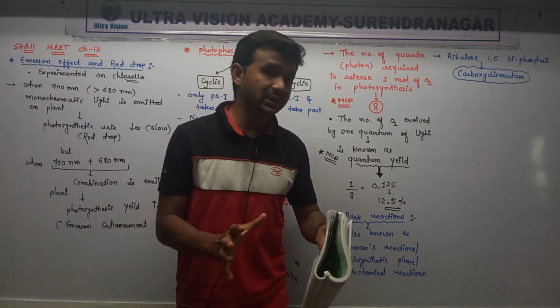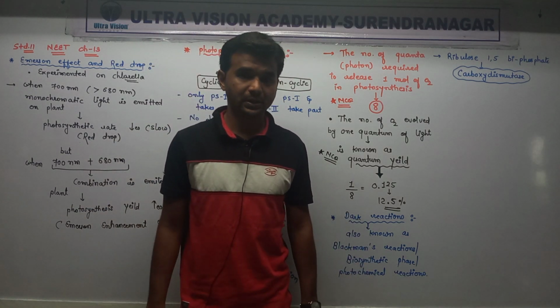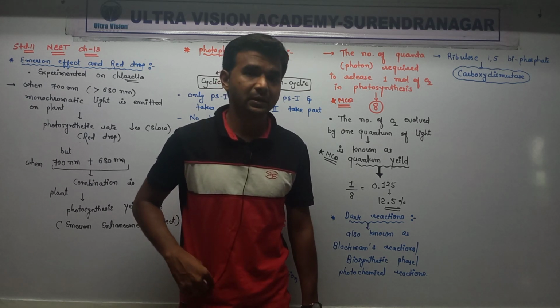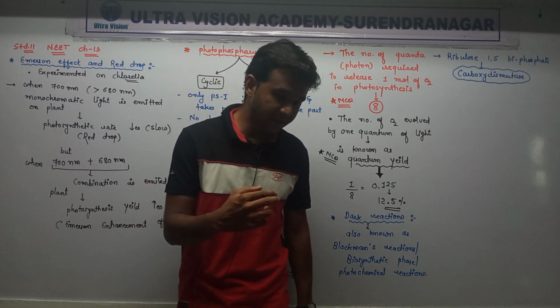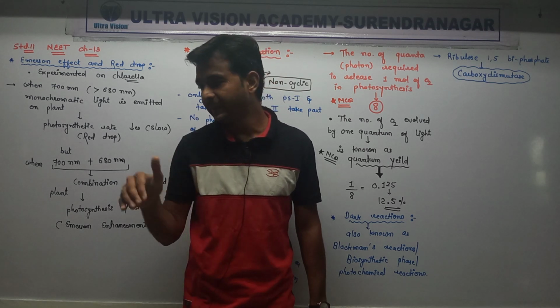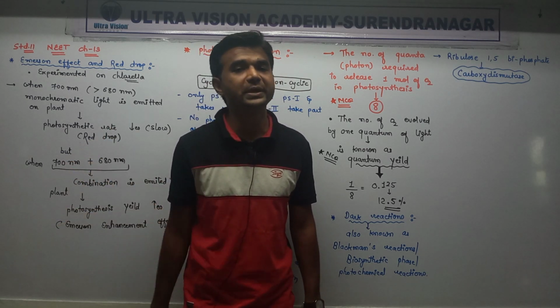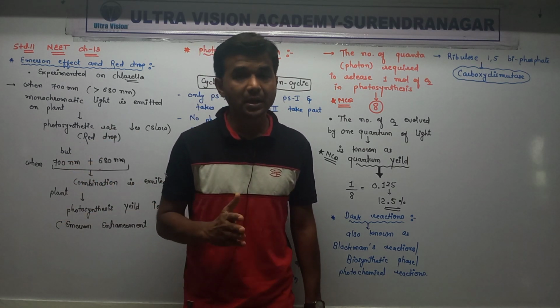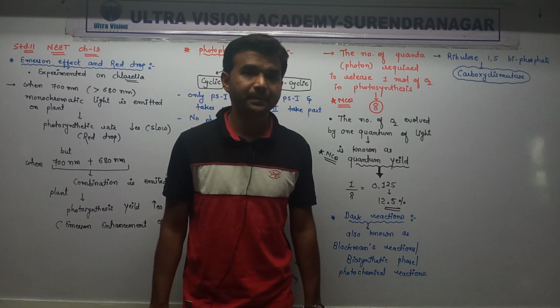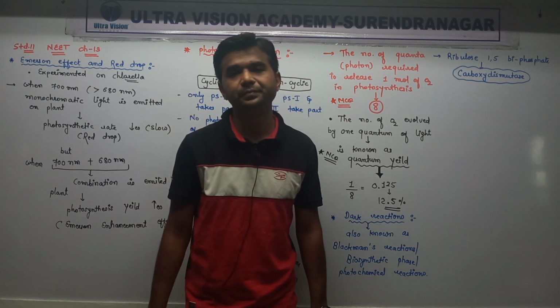But according to the light intensity, RuBP normally undergoes carboxylation or it undergoes photorespiration, that is decided by the light intensity emitted on it.